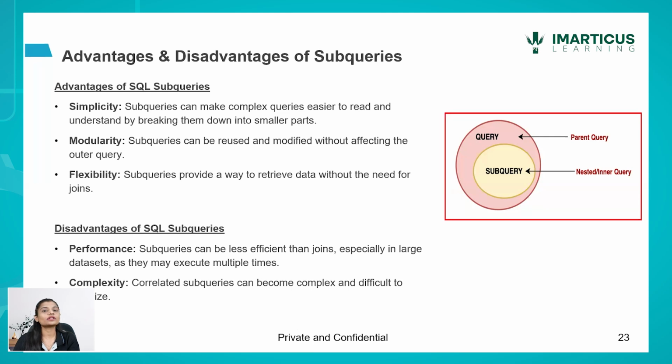I hope you all have understood what a subquery is, why we use a subquery, and how a subquery can help me get certain result sets without joining two tables or without doing any complex tasks. But yes, subqueries can get complex when you try to add multiple queries within them. So this was all about subqueries. I hope you have understood the same.